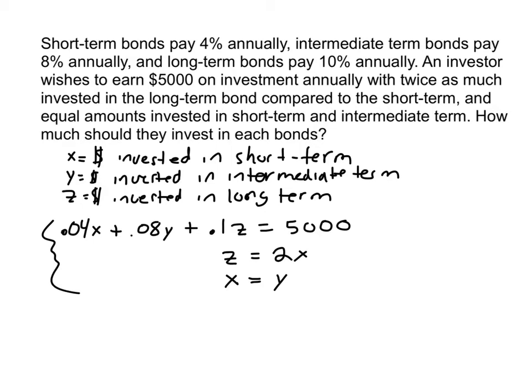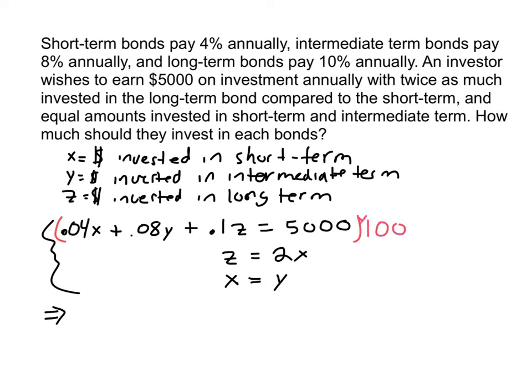Alright, first thing I'm going to do is write this a little more like we're used to seeing systems of linear equations, lining everything up. Another thing I'm going to do is get rid of the decimals by multiplying everything in the first equation by 100.